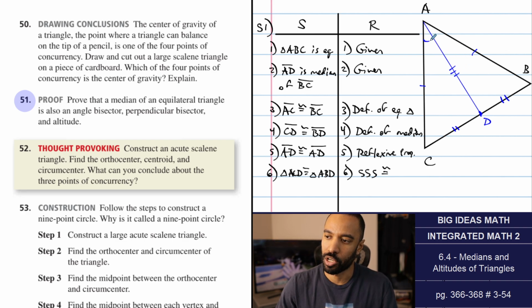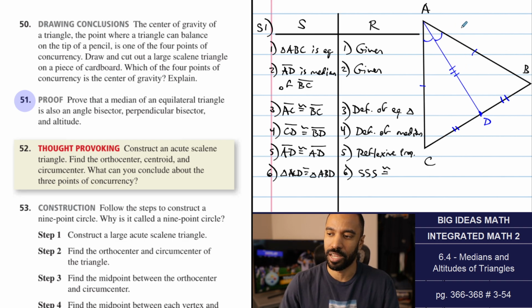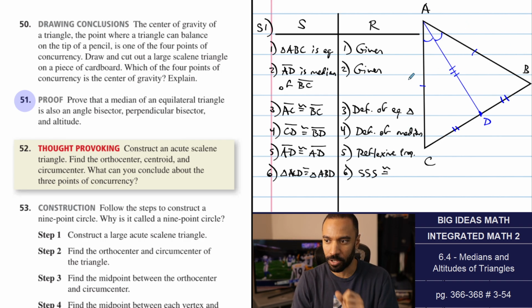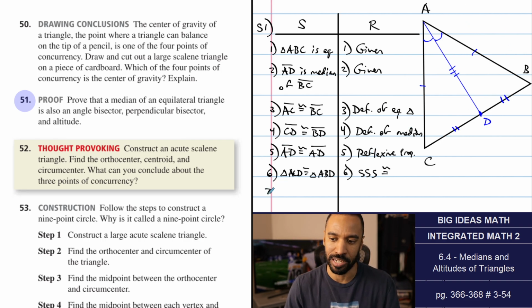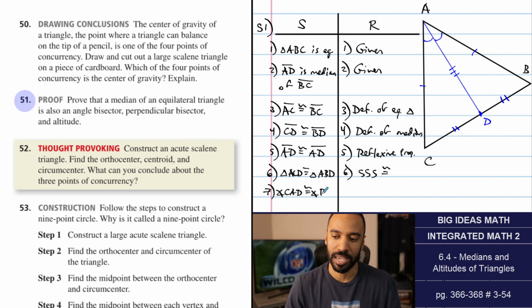Now that the triangles are congruent, these two angles will be congruent here. They correspond to each other in the two triangles. That's triangle CAD and BAD. Angle CAD is congruent to angle BAD by CPCTC.